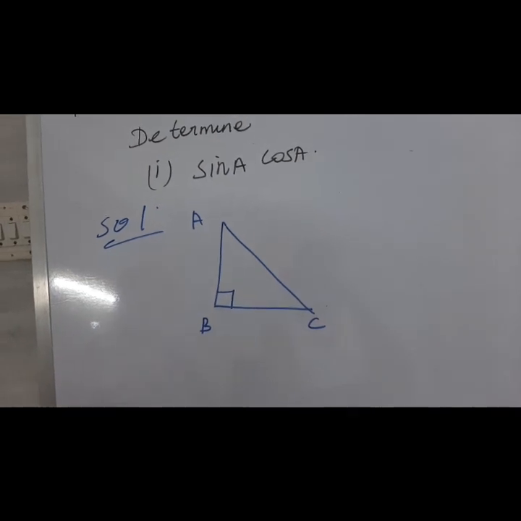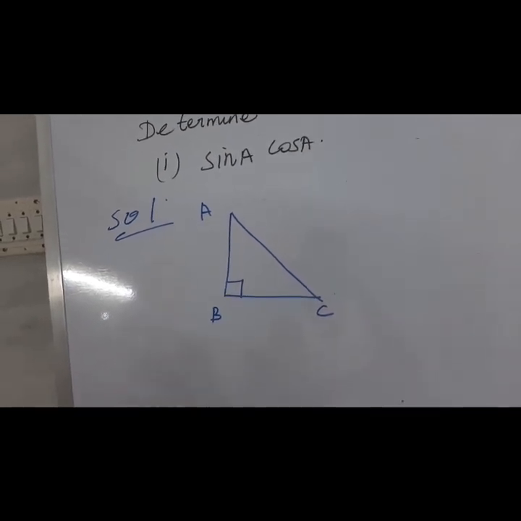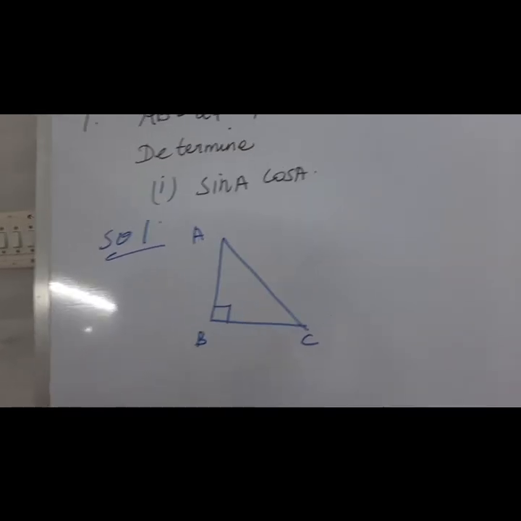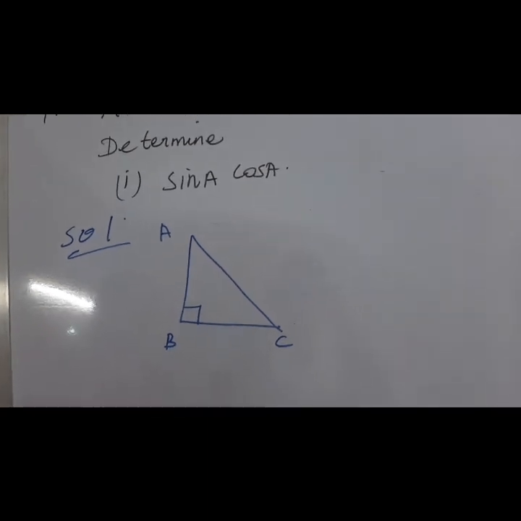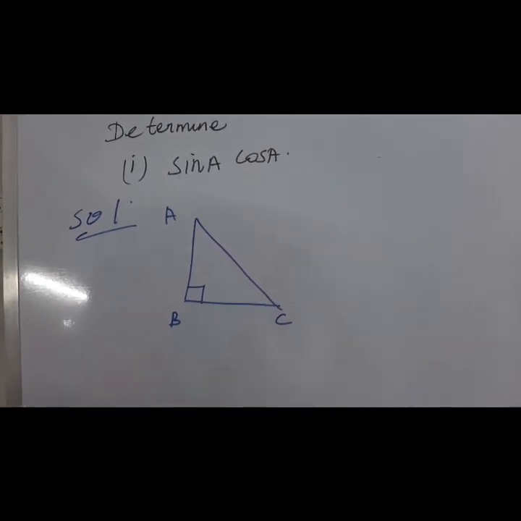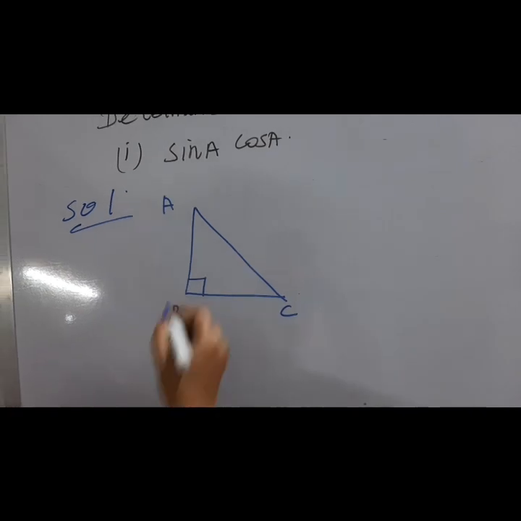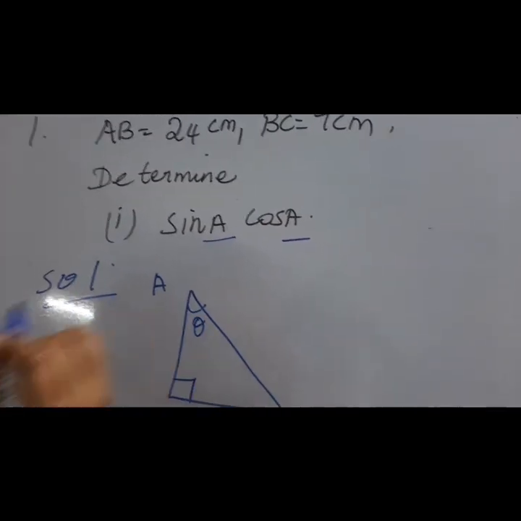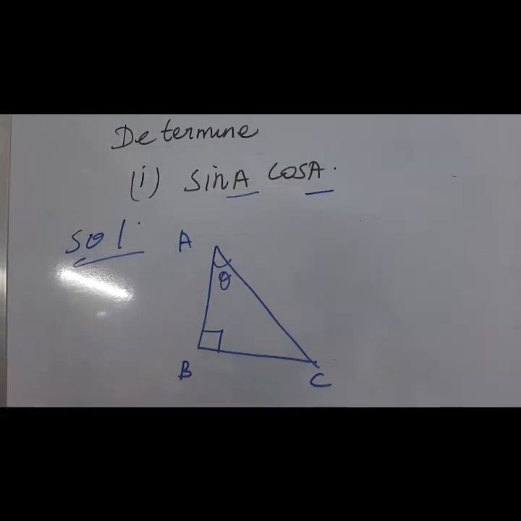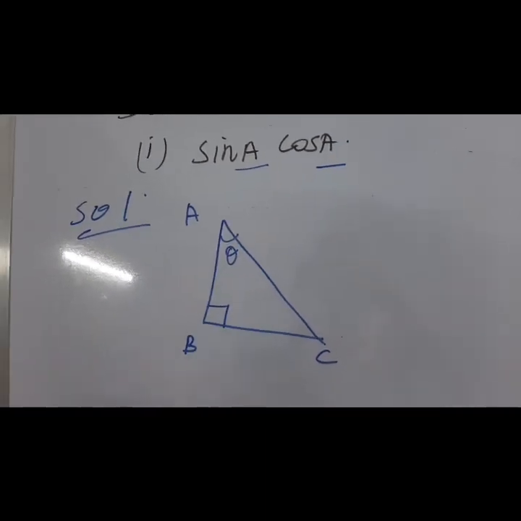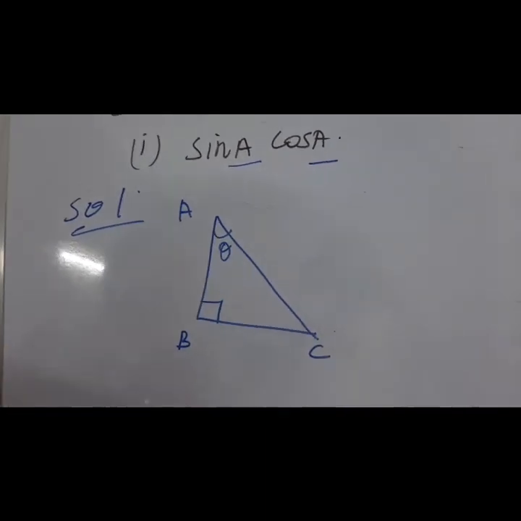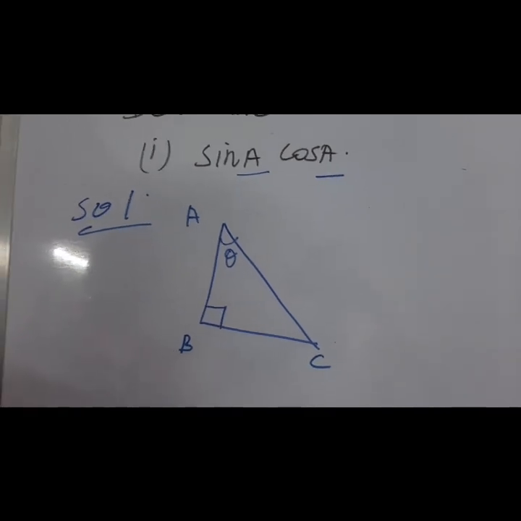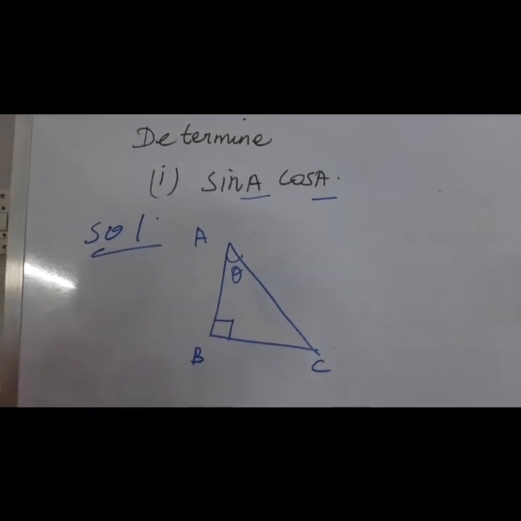After drawing the diagram, we need to find out for which vertex and angle we are going to calculate the values. Here it is mentioned as sine A, so the theta angle we are going to consider is angle A. Now we need to find out which is the opposite side and which is the adjacent side.